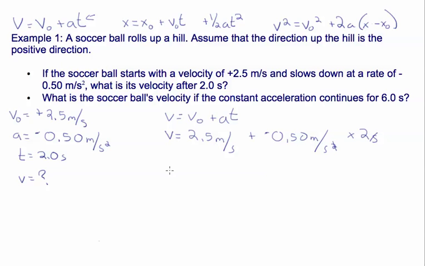So we get 2.5 meters per second plus negative 1 meters per second. And so we've got that our velocity after 2 seconds is 2.5 minus 1, is 1.5 meters per second. And we can put our positive sign to indicate that it's still uphill.